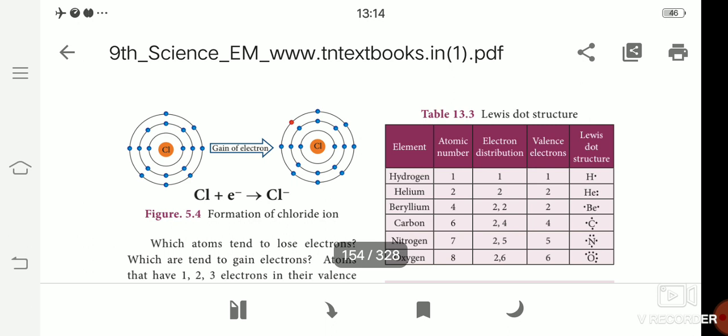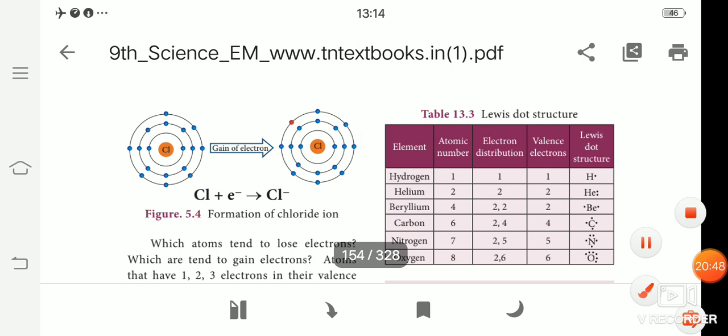The A atom becomes a positive ion, a cation, and atom B becomes a negative ion, an anion. The oppositely charged ions are held together by an electrostatic force of attraction, called an ionic bond or electrovalent bond. So this is the formation of an ionic bond.